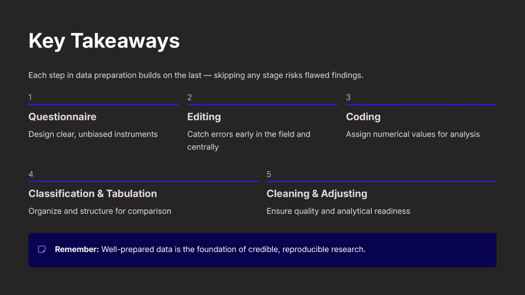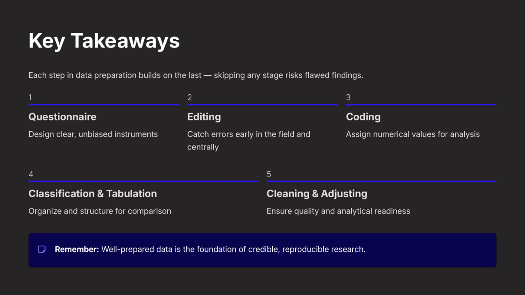We begin with designing clear, unbiased instruments, like questionnaires, that gather accurate information. Next, it's essential to catch errors early, whether in the field or during central review, to prevent issues down the line. Then, we move to coding, where we assign numerical values to the data, making analysis possible and more straightforward.